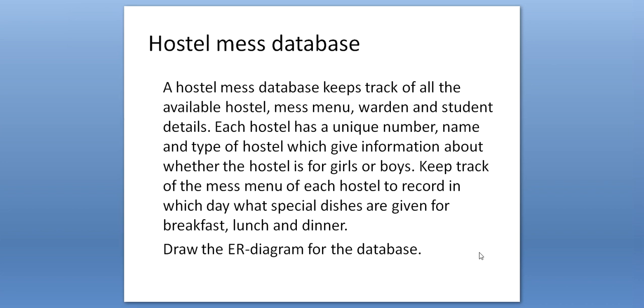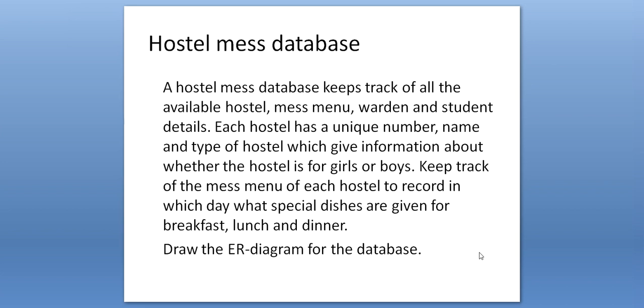And one thing about it is this mess menu is going to be a weak entity type, okay, because it totally depends on the hostel. The menu doesn't have any key attribute. We can't choose any of these four attributes as the key attribute.